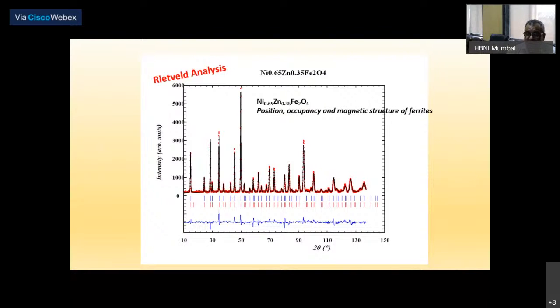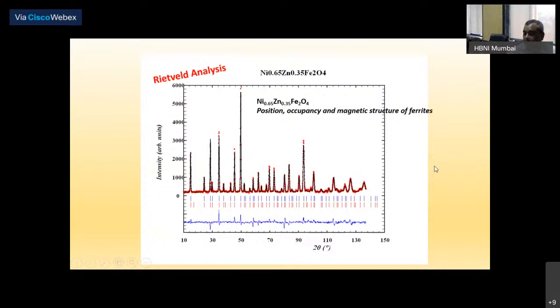I start with some site moment for the magnetic sites and then generate a Fourier inversion of that, generate this experimental data and compare them. After that, it is like any other data fitting technique, a chi-square minimization. And this chi-square minimization goes on, and you can see this is a final result.